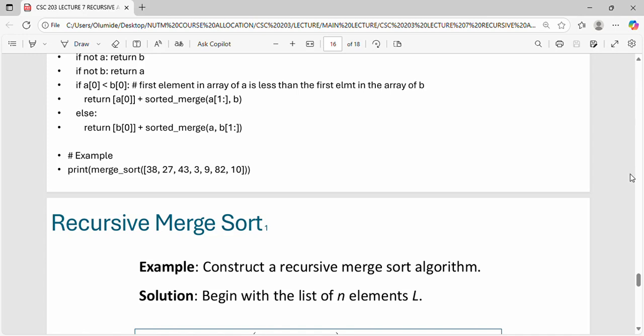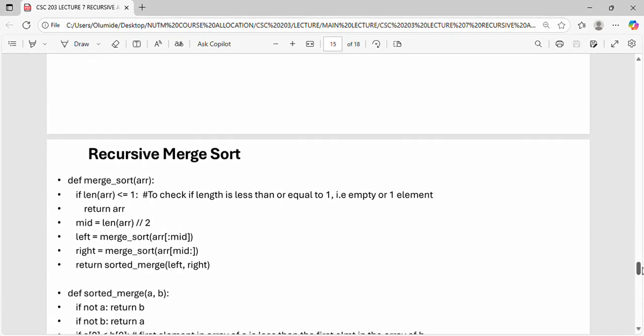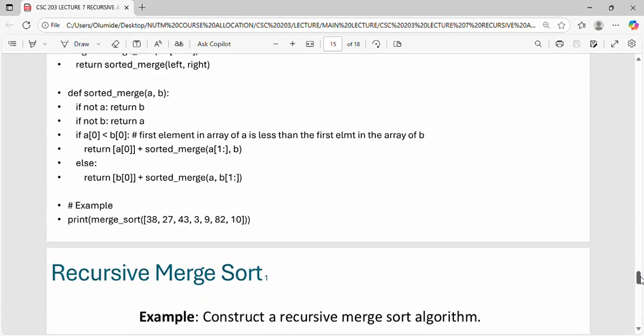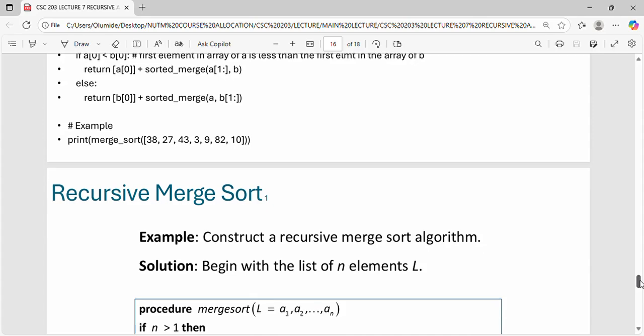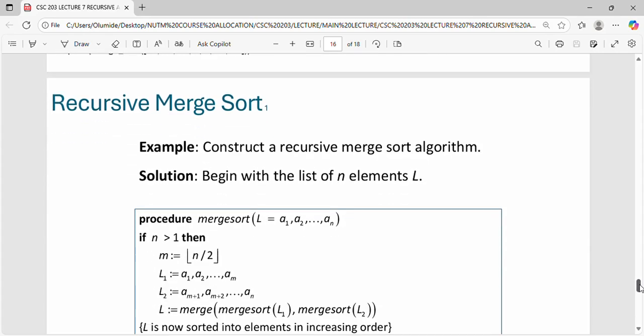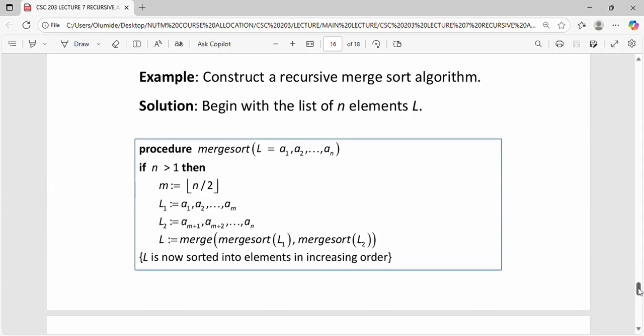Okay, so if we do this and print it, it gives us that result, because it follows the process already stated above. Now let's look at recursive merge sort.